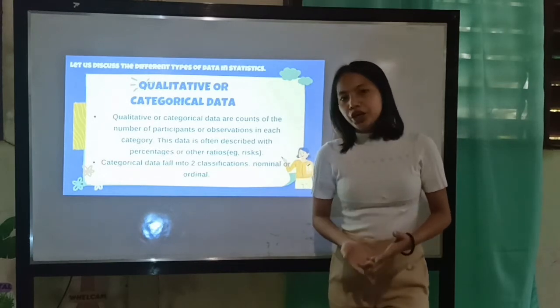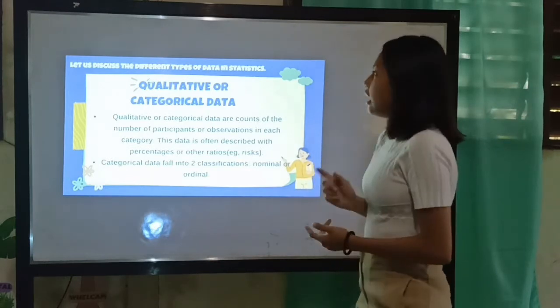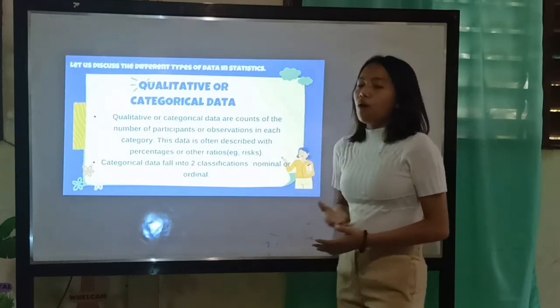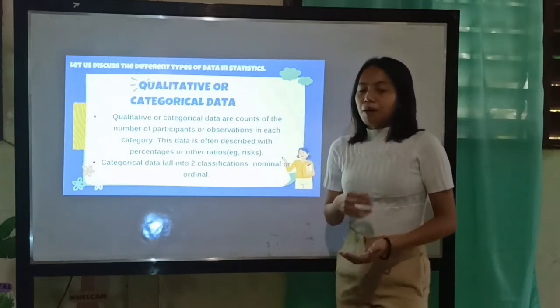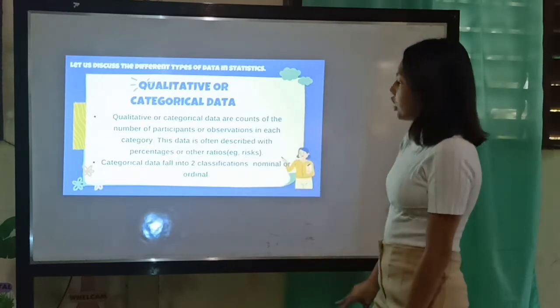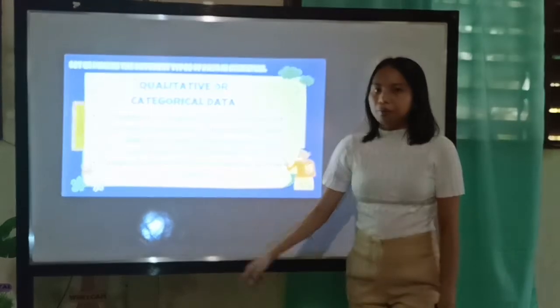This cannot be measured in the form of numbers. This type of data is classified into groups, and there are no arithmetic operations possible in this type. So, in categorical data, there are two classifications, which are the nominal and the ordinal data.